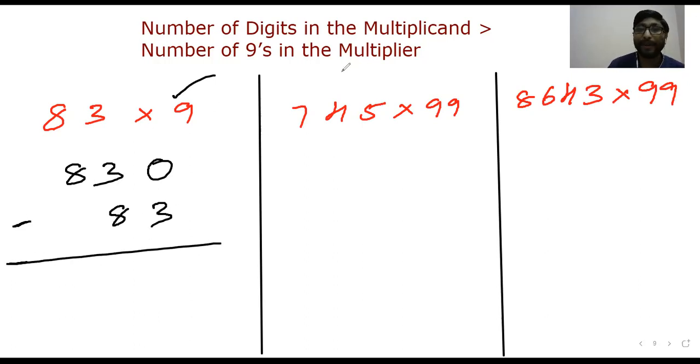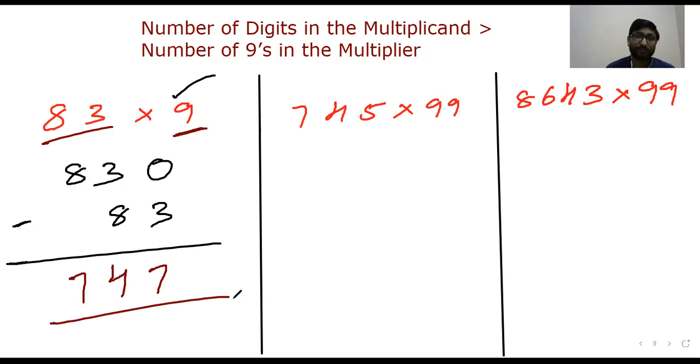So how many nines are here? 1 nine. So add 0, and subtract the multiplicand. 83, add 0, then subtract the 83. So do the subtraction. You know the subtraction, right? 0 minus 3, 7. Carry 1. 2 minus 8, 4, and 7. 747 is the answer. Okay.